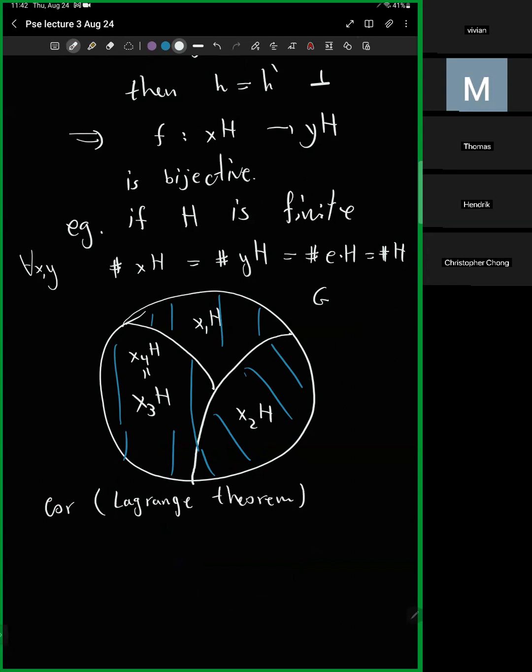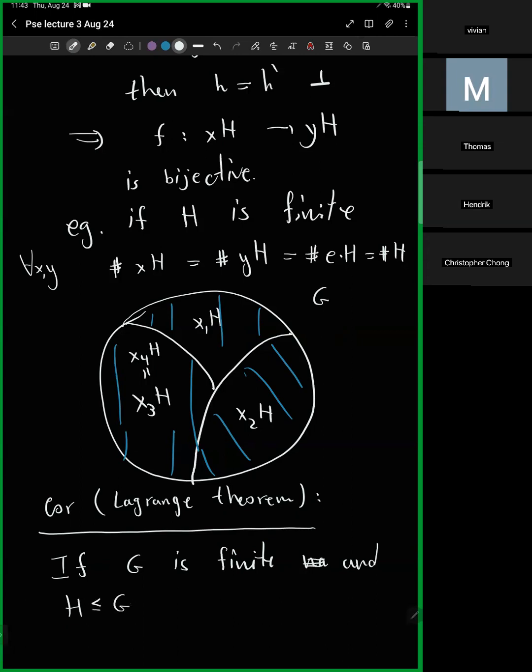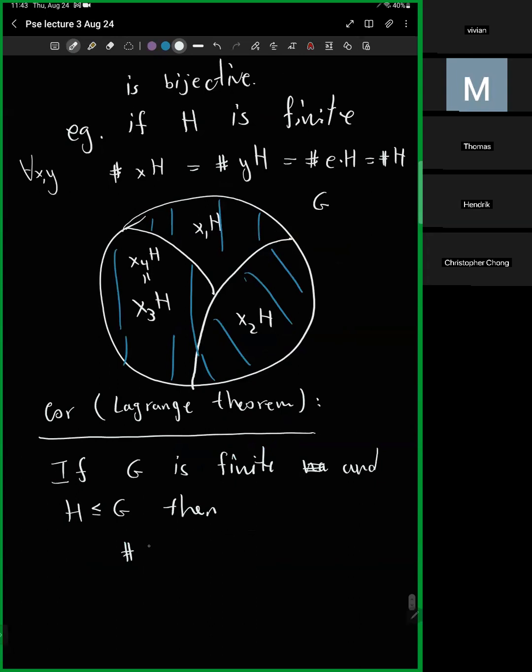If G is finite, and H is a subgroup of G, so of course H then must be finite, then the number of elements in H must divide the number of elements in G. And the proof is basically what we saw.